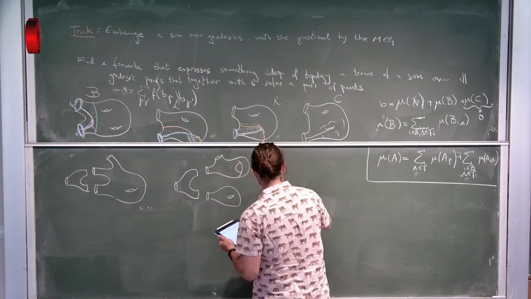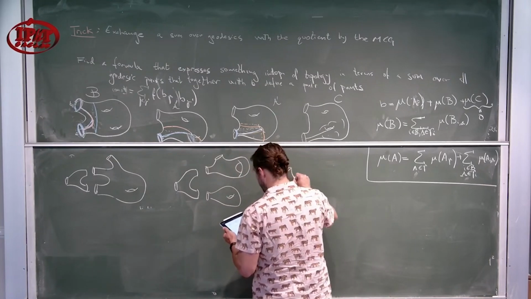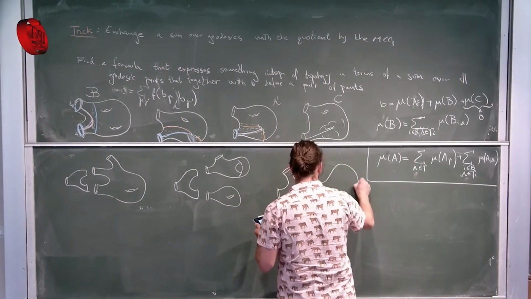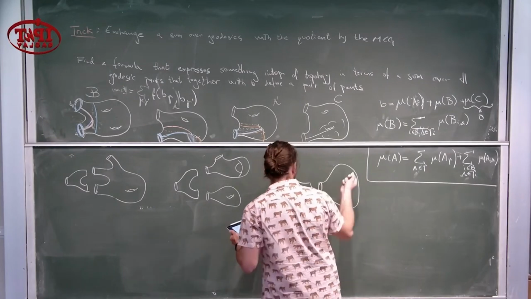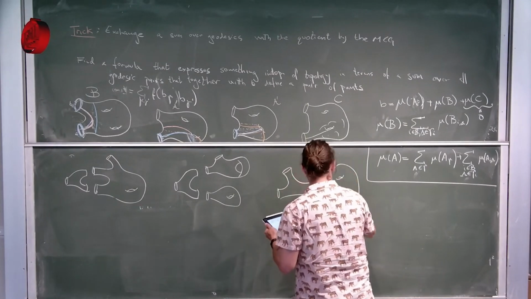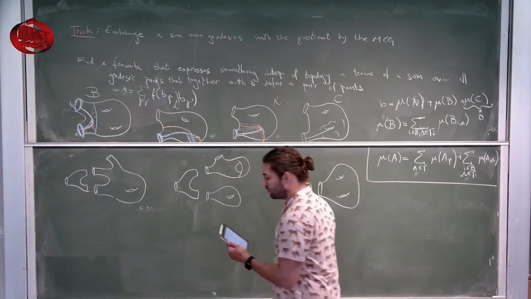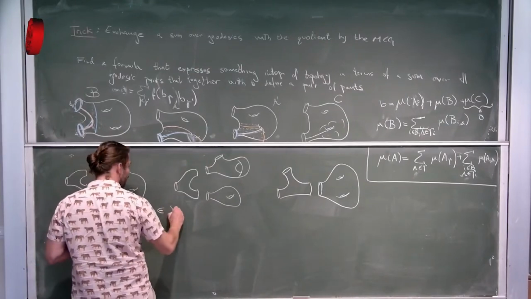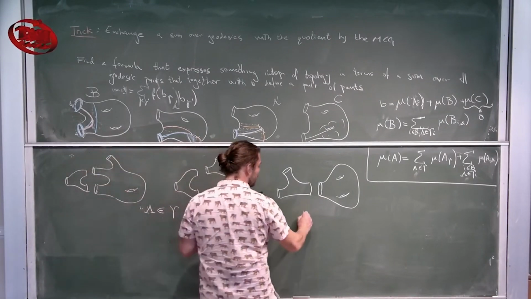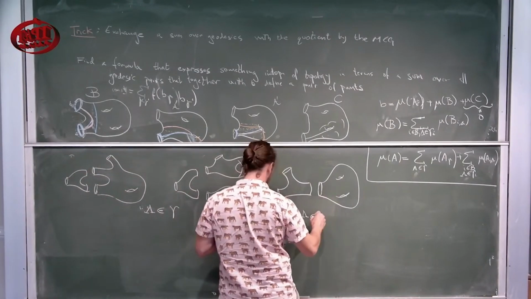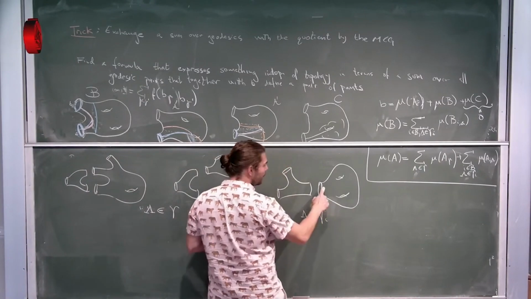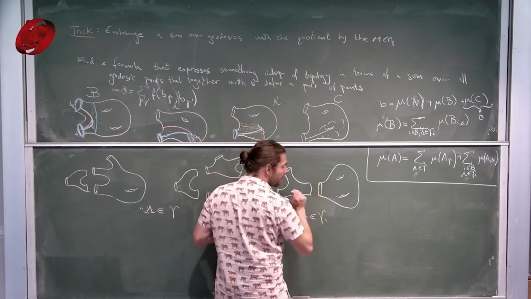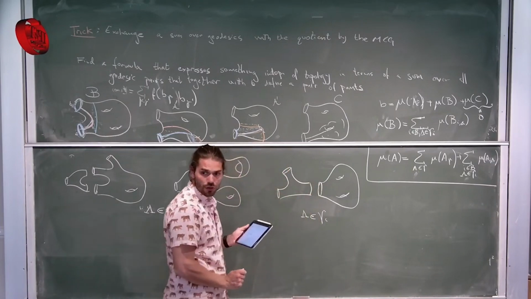Or I can have a pair of pants where one of the boundaries is external, and the geometry that I obtain from this cut is always a connected geometry because it only has one. So these are the possible cases when the pair of pants is part of epsilon, and these are the possible cases when the pair of pants is part of epsilon I. Here, notice that the resulting boundary that I obtain after the cut doesn't have lower genus, but it has a lower number of external boundaries.